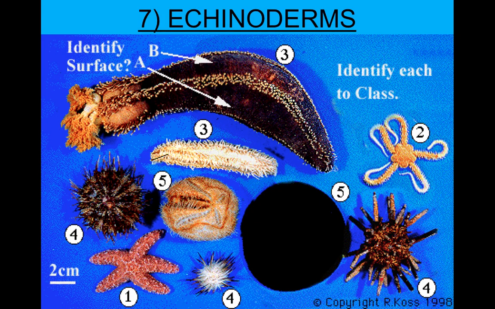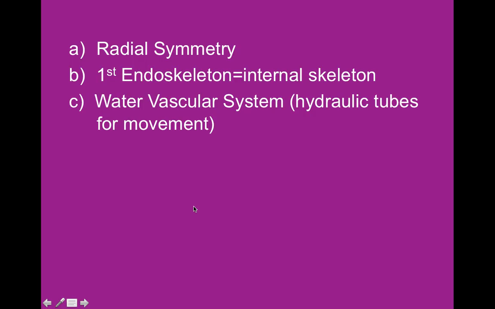So things went bilateral for a long time, and then radial symmetry returned, and so they have kind of this round type of design. They have the first endoskeleton, which is actually the kind of skeleton that we have as well. So some people kind of speculate that we share some kind of ancestry. I tend to not agree with that, but they do have the first endoskeletons or internal skeletons.